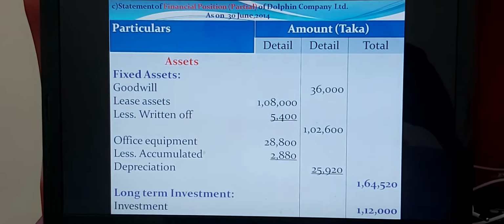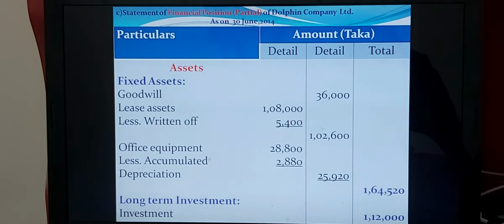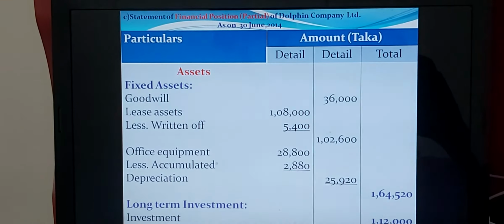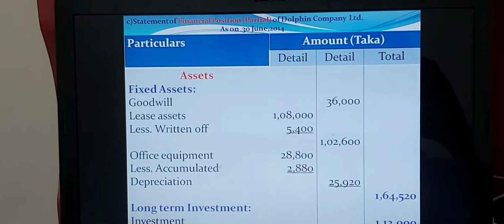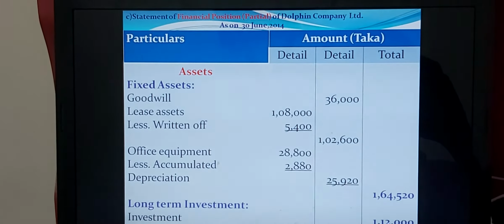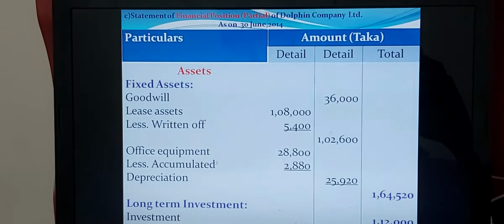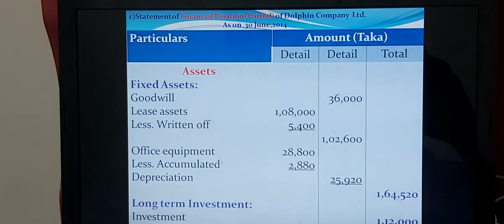You have written already in requirement A, depreciation on office equipment 2,880, but in the assets you have to write it like accumulated depreciation or depreciation reserve or depreciation provision. This item is to be deducted from the total amount of office equipment.